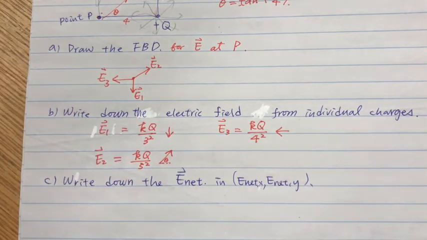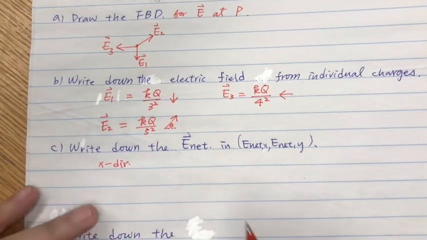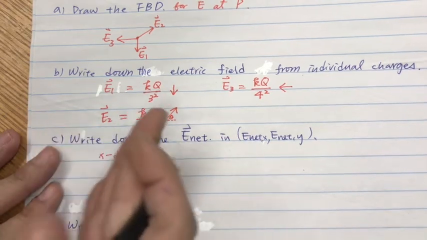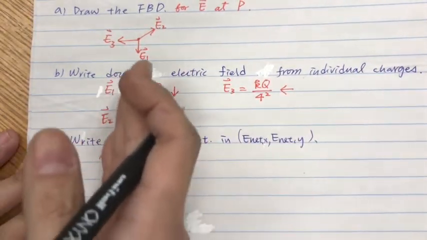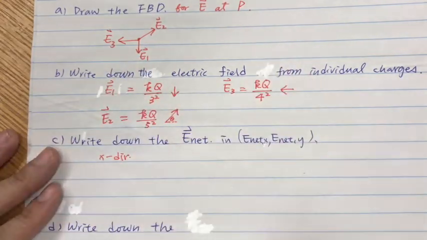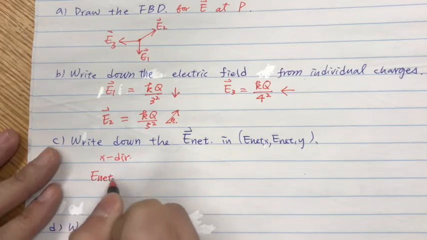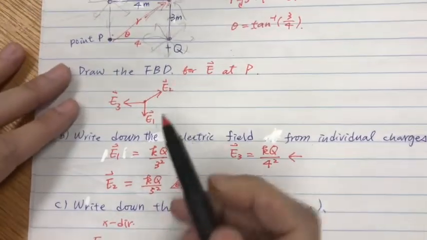So one thing we can do is separate out the x direction and the y direction. And then we can sum up all the x components of each of these individual electric fields. So for the net electric field, the x component, let's see.